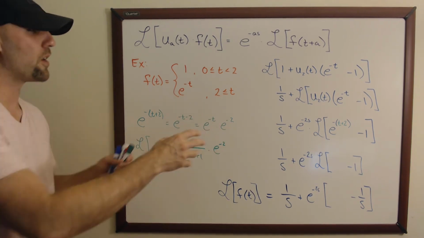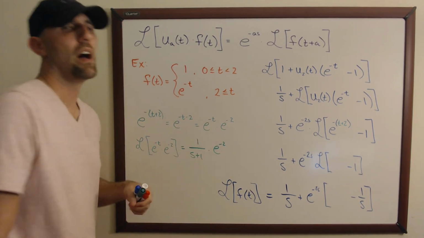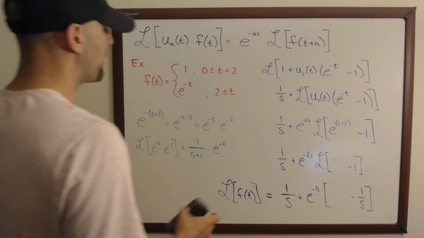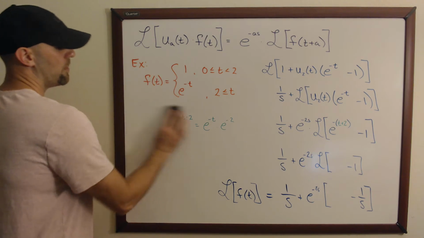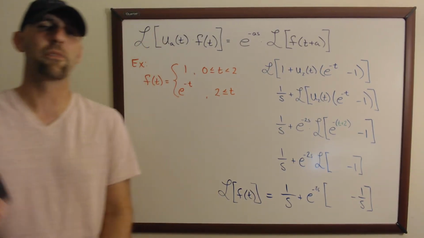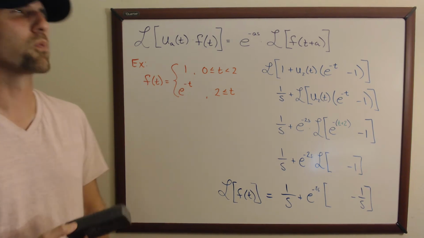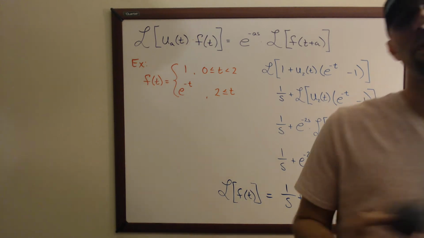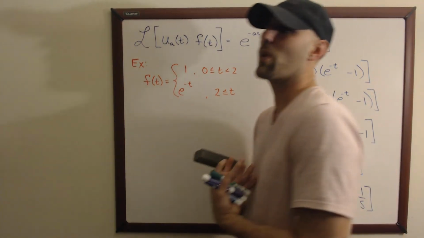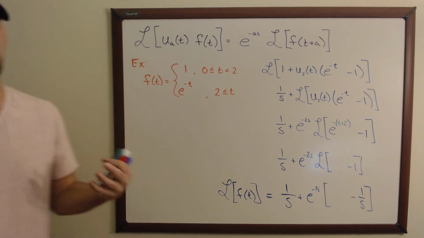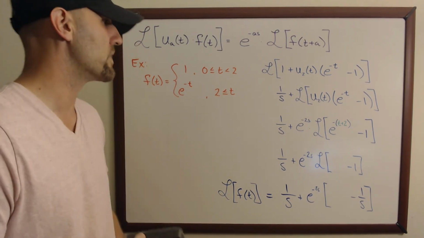For exponential functions, they'll always just split this way. For, let's say, sine and cosine functions, you'll need to do some sum and difference formulas. And for polynomial type functions, well, replacing a t with a t plus 2 is just going to lead to a different polynomial, right? If it's t squared and you replace it with t plus 2, now you've got t plus 2 squared, right? So you'll have to expand those things, and it'll create similar terms, right?